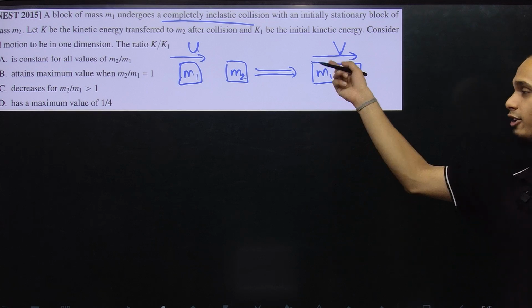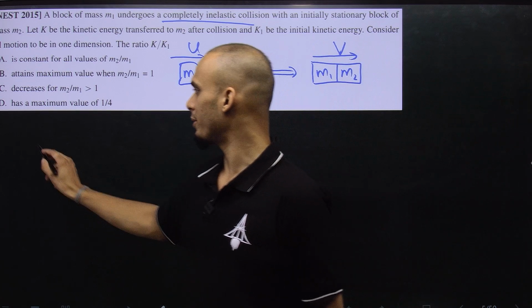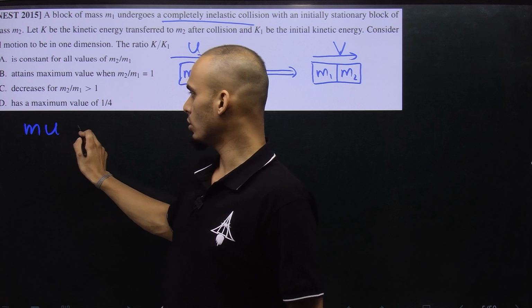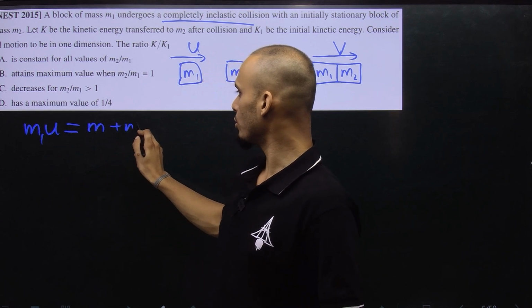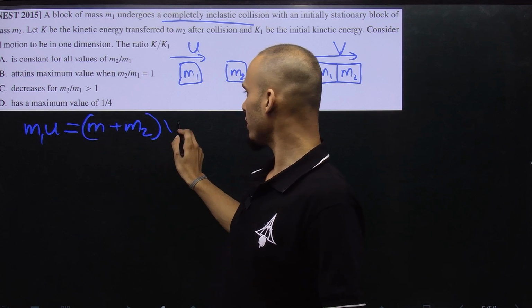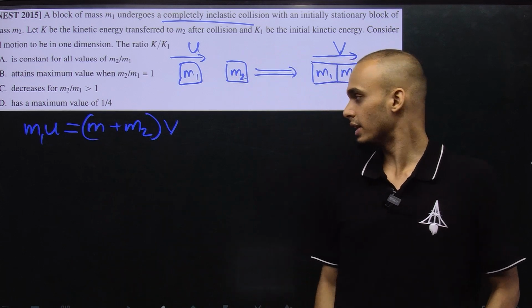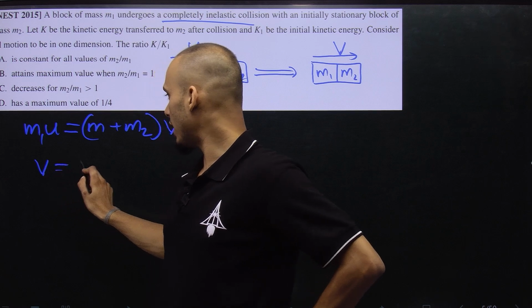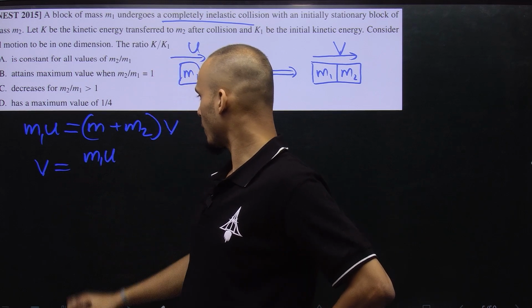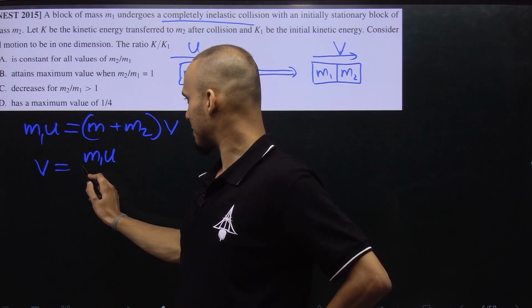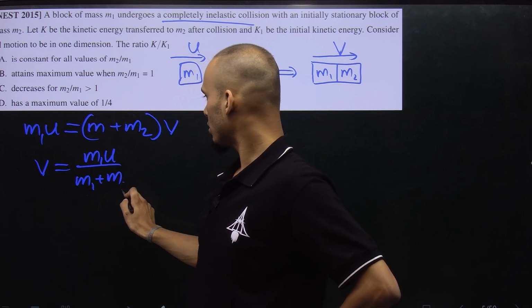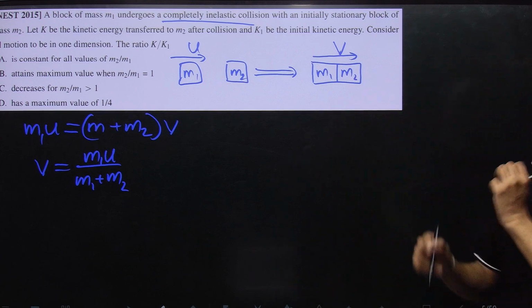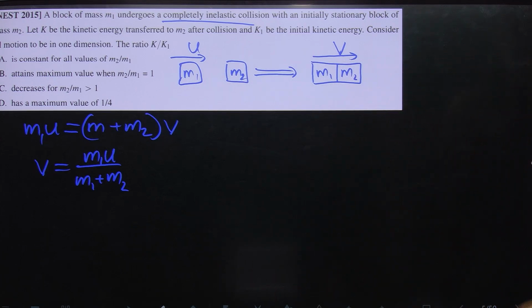If we want to find the value of v, all you have to do is simply conserve the momentum. Initial momentum was m1 into u, final momentum will be m1 plus m2 into v. Now we can find the value of v as m1 into u upon m1 plus m2. This is the value of the final velocity of the blocks.